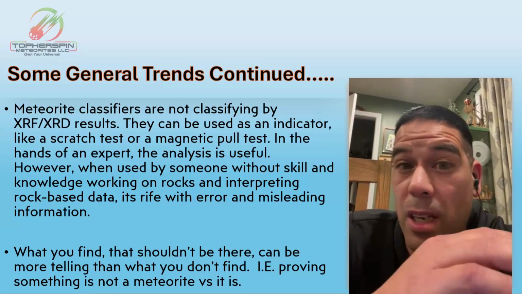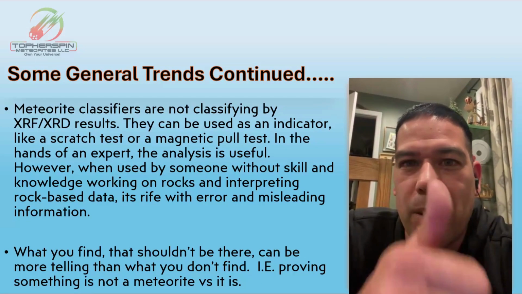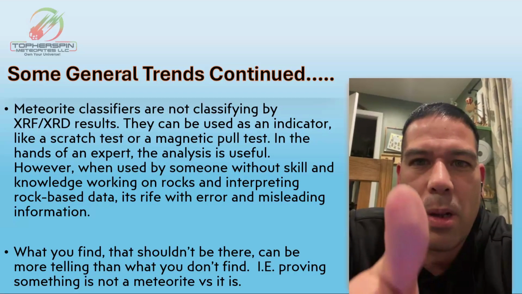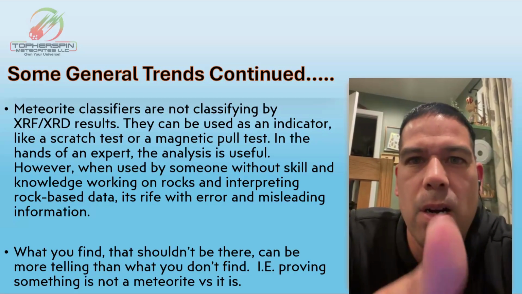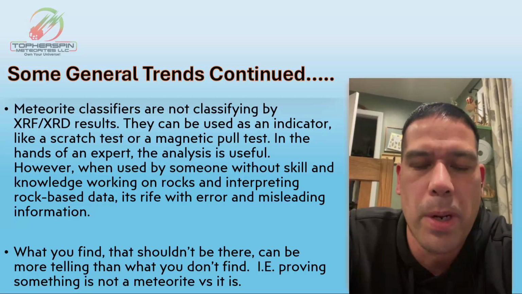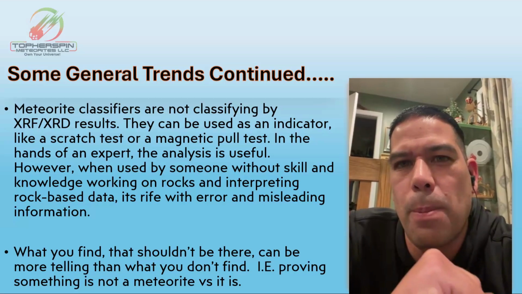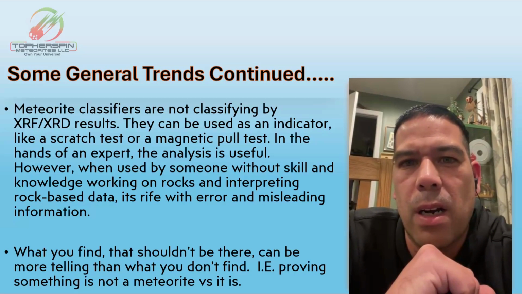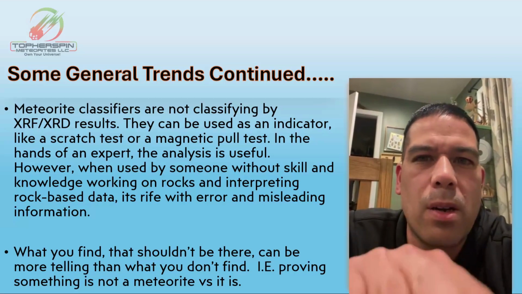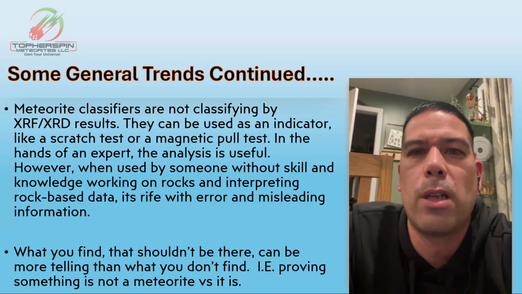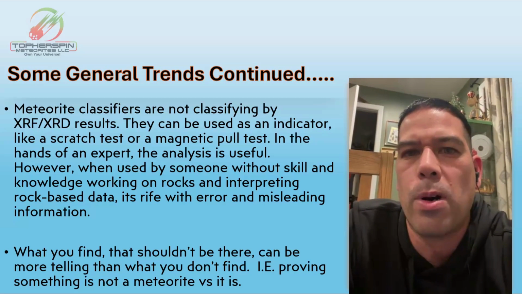XRF can be a very useful tool if you have two things we talked about. One, a machine that's capable and set in the right manner for reading mineral specimens, and two, a user or interpreter of that XRF data who has a background in what they're looking for and a big database for what the percentage ranges are for different types of meteorites.